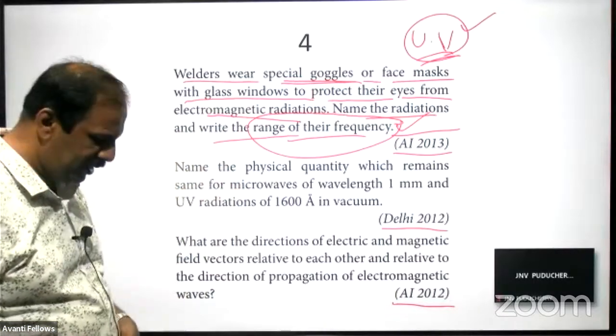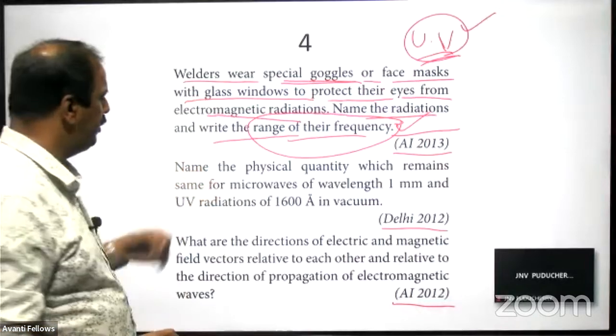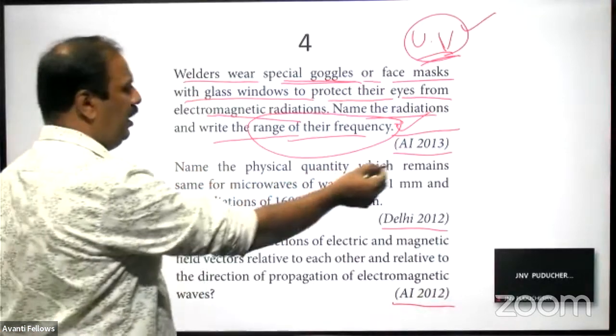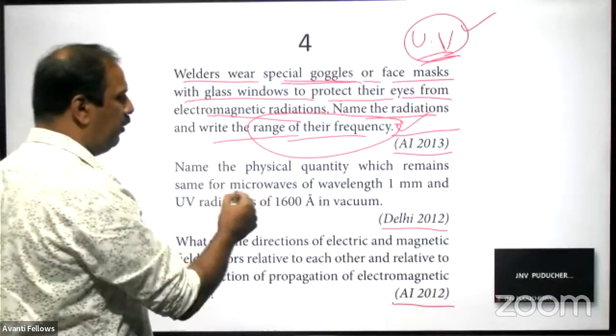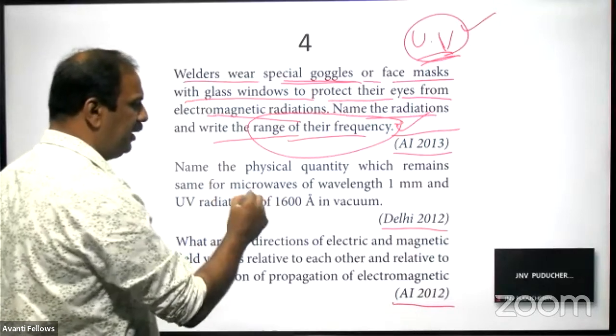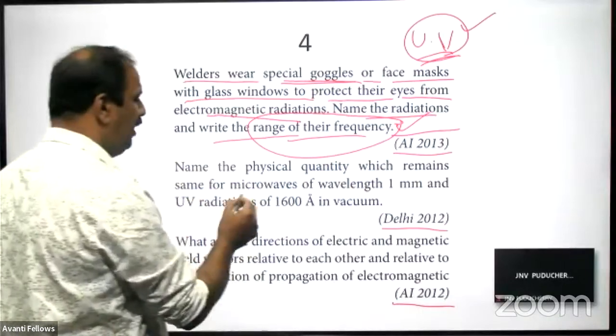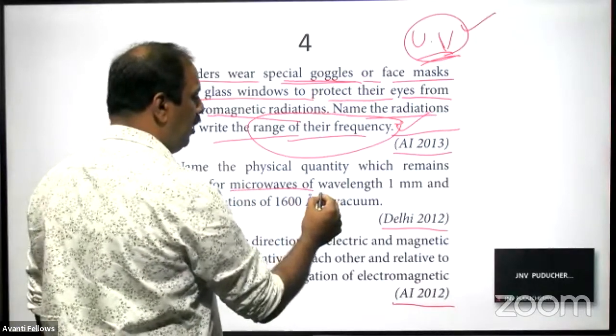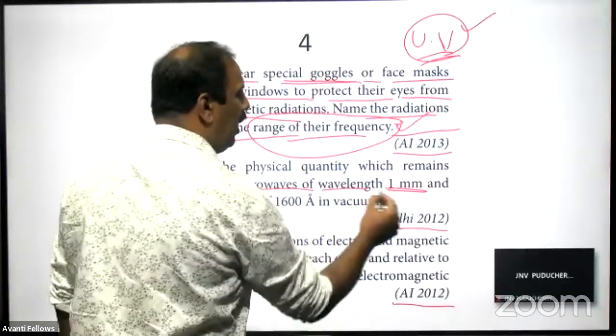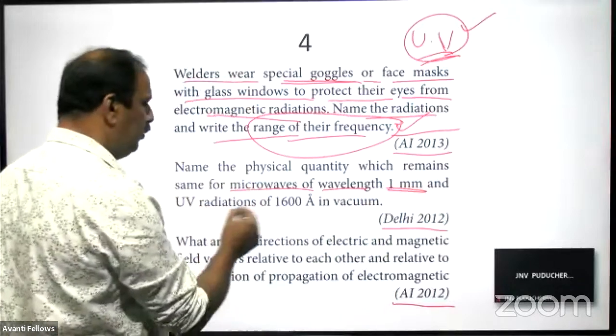Now we'll go to the next question. Name the physical quantity which remains the same for microwave of wavelength 1 millimeter and UV radiation. This one is important; many times this question came.